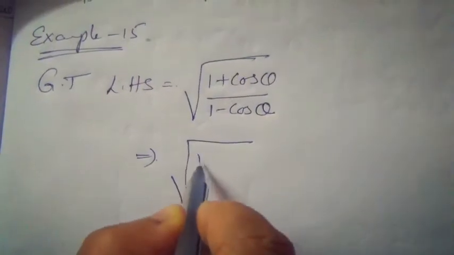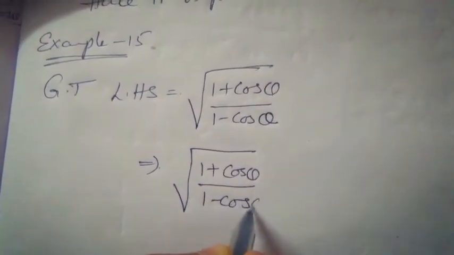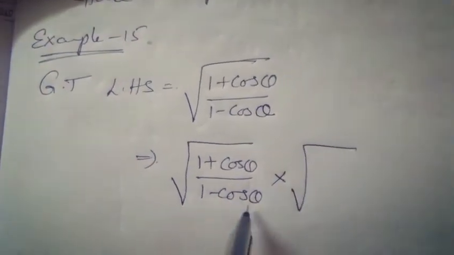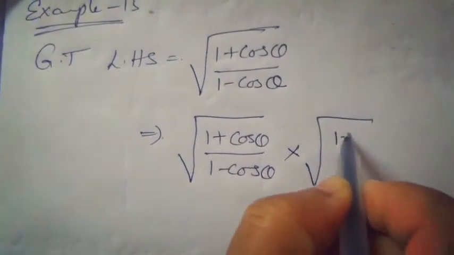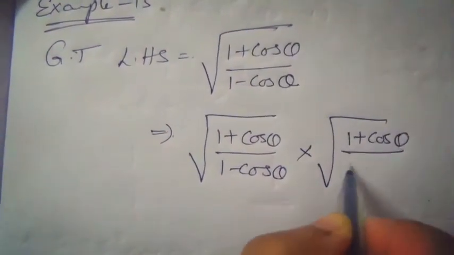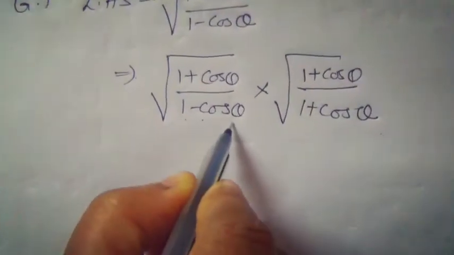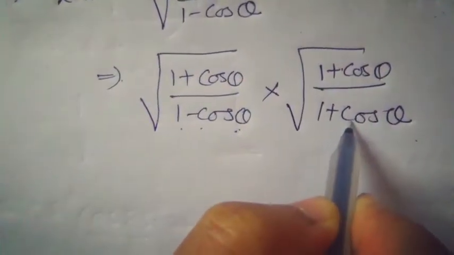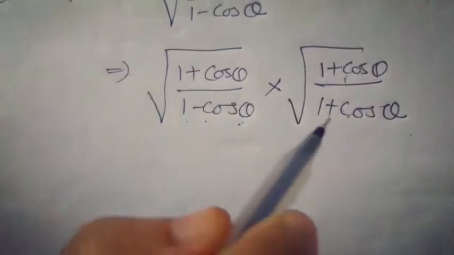Square root of 1 plus cos theta by 1 minus cos theta into square root of, here 1 minus cos theta is there, no? So opposite to that we have to take 1 plus cos theta by 1 plus cos theta. That's why I am taking numerator and denominator multiplied with 1 plus cos theta. I am taking the rationalization of this sum.